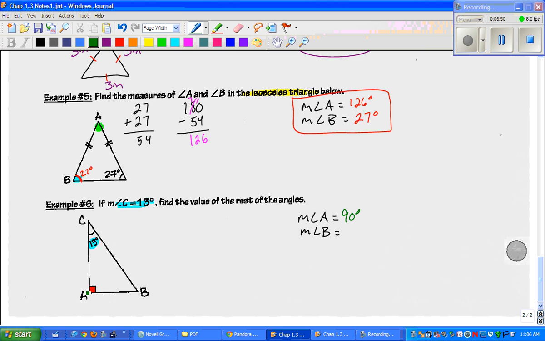Now we're going to do the exact same thing we did in example number 5. We have one angle that's 90, we have one that's 13. That gives us 103. Subtract that from 180, and we get that angle B is 77 degrees.